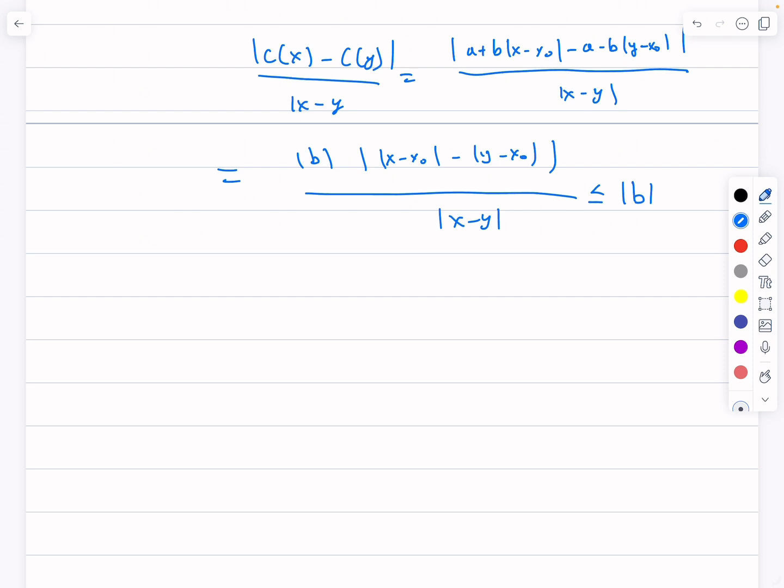Now we have to prove that the absolute value of b is the Lipschitz constant for C in any set.